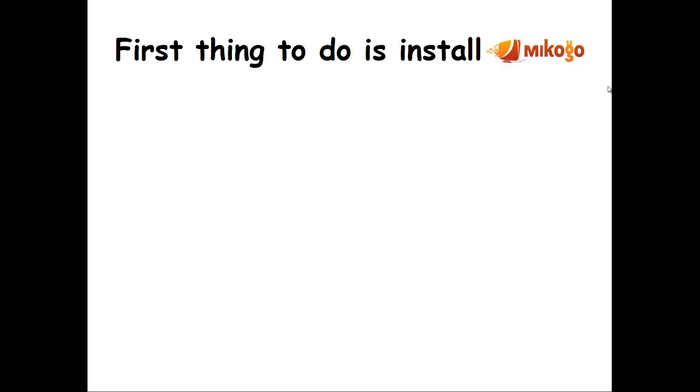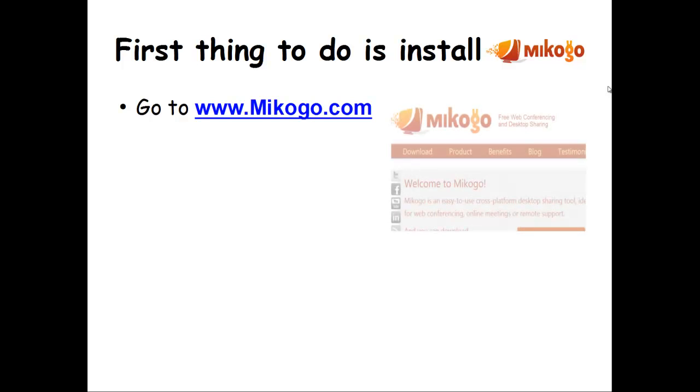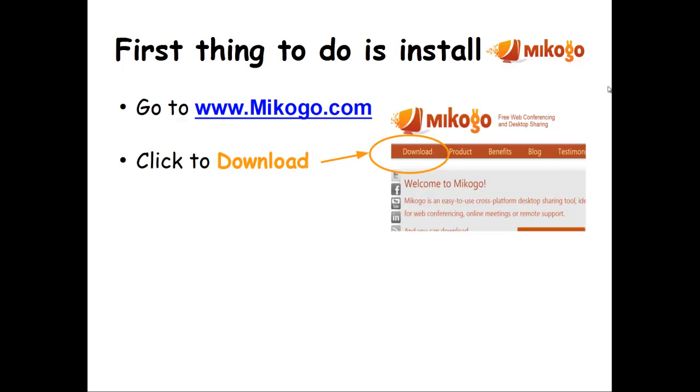Well, the first thing we need to do is install it. It needs to be installed on your computer and it needs to be installed on my computer, and we've got a video somewhere else showing how to do it. I've already installed it, but basically what you do is you go to www.mikogo.com and a screen will appear in your web browser and you'll see something that says click to download, and you click it and you just follow the instructions.